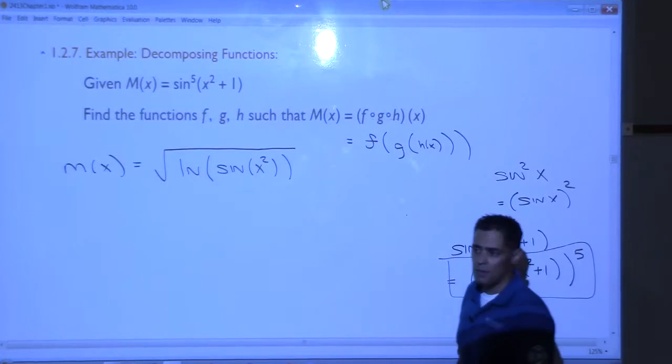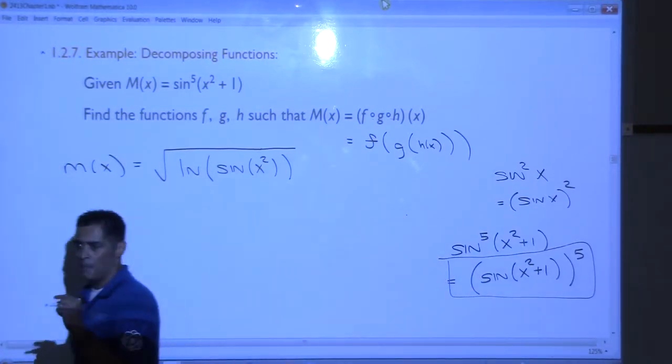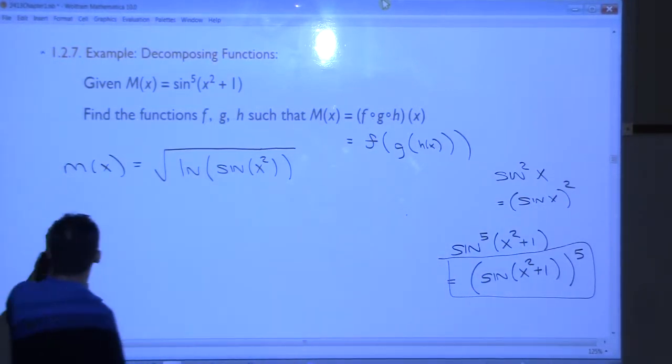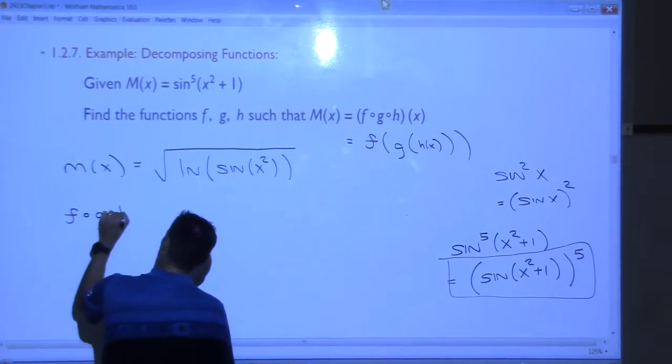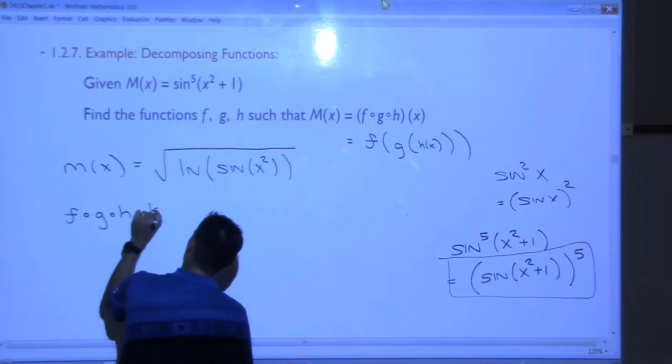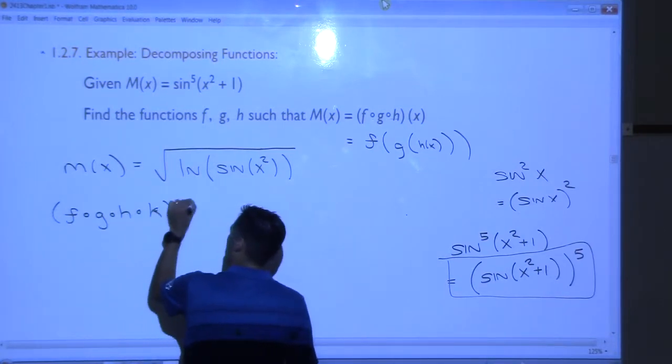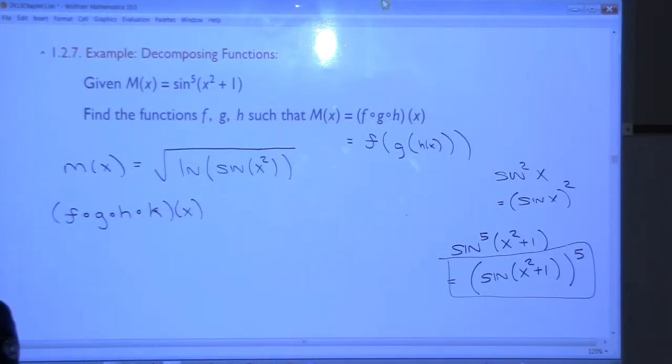And what I want you to do here is break this down, decompose it into f of g of h of k of x. So I want you to actually break it down into four functions. F of g of h.